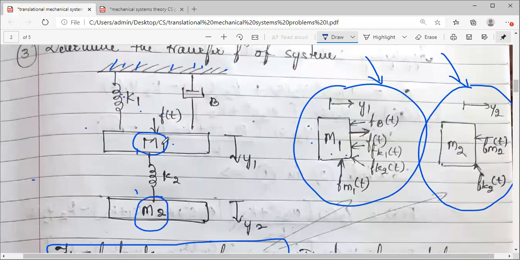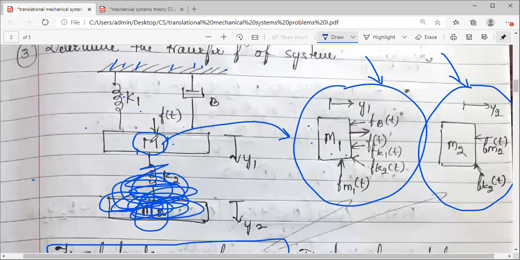Now individually, if I consider only m1, then this will not come into the picture, I'll forget about this. For m1, I will just check how many forces are acting on this mass m1. That is nothing but your free body diagram. Here there are 2 masses, so I will get 2 diagrams, m1 and m2. If you had m3 and m4 also, you would get those too. So for m1, let us see.